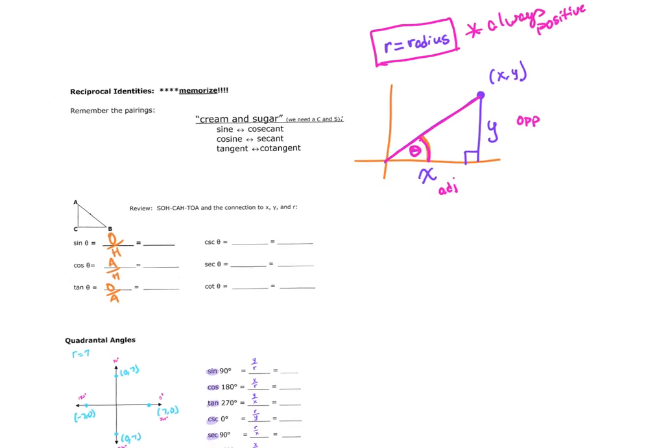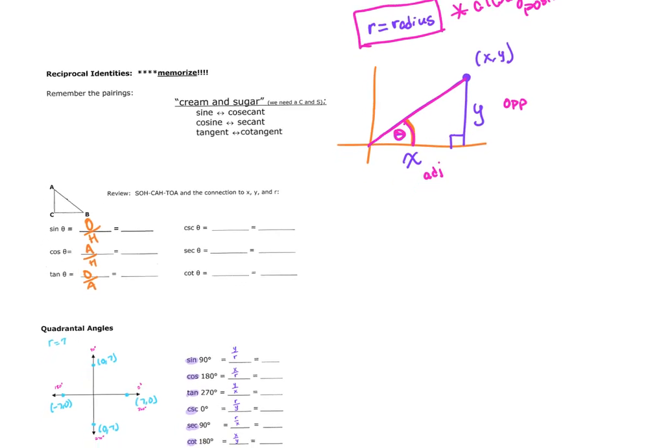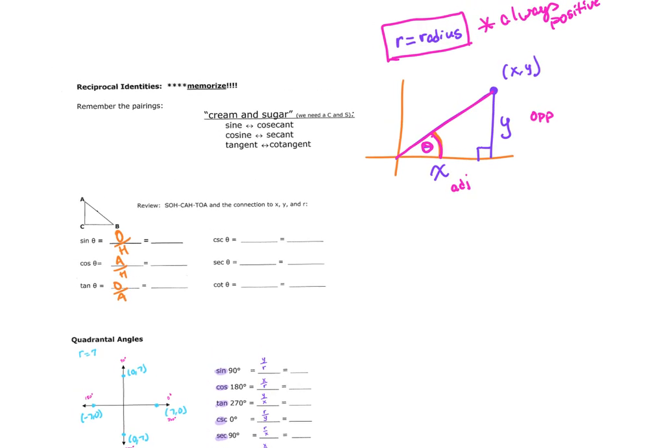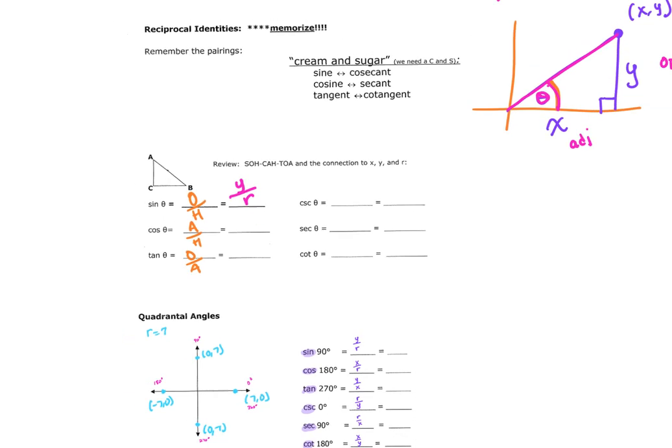Using this particular triangle, if I wanted to think about how I could write this ratio for the sine, instead of using opposite and hypotenuse, I use my x, y, or r. For sine, we know it's opposite over hypotenuse, but what that corresponds to in the coordinate plane is the y value over the radius.